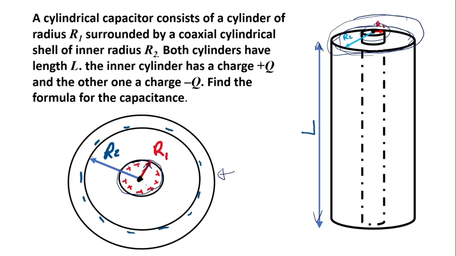The objective is to find the capacitance of this cylindrical capacitor. We need to calculate the electric potential difference between R1 and R2. Once we find the electric potential difference between R1 and R2, then we will find the capacitance.